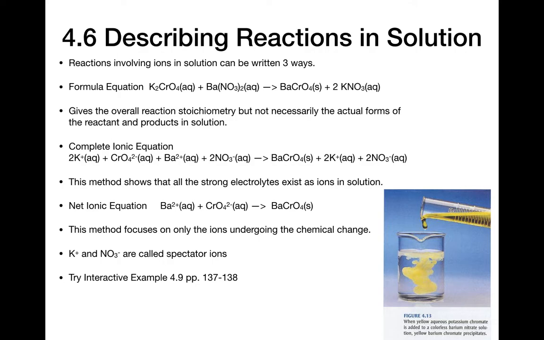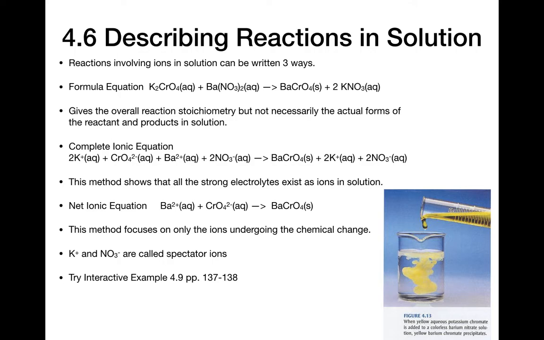Each one has its good side and bad side to it. We start with the way we learned the balanced equations back in Chem 1, which is called a formula equation. A formula equation simply writes out the ionic formulas of the two reactants and the two products, including the insoluble product and the soluble product.